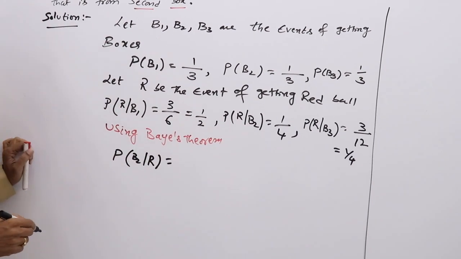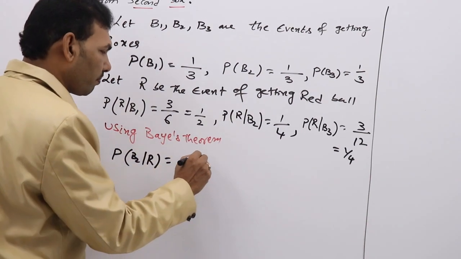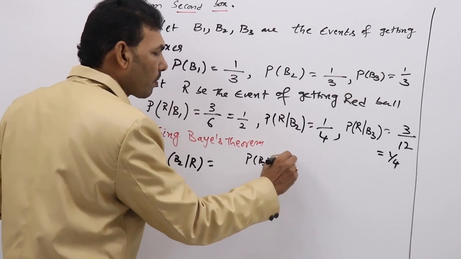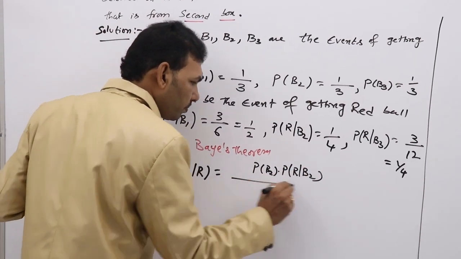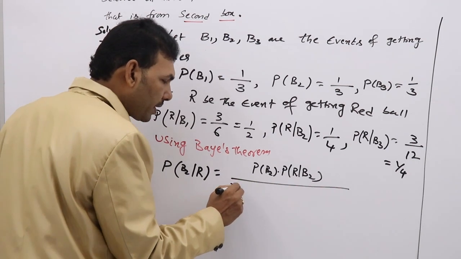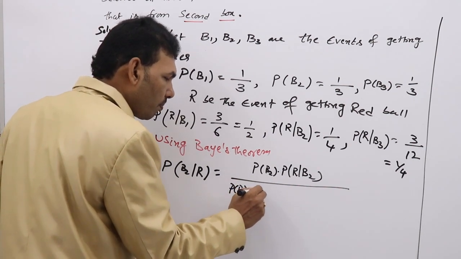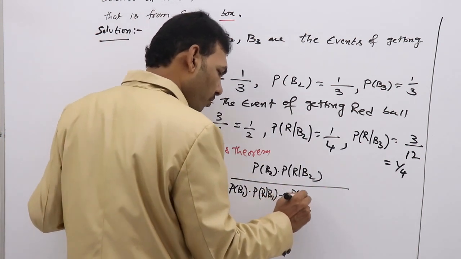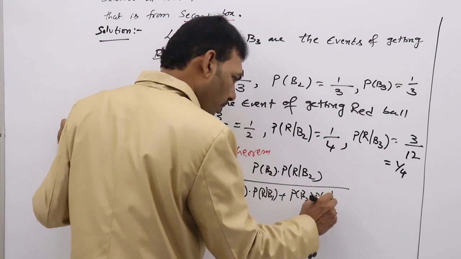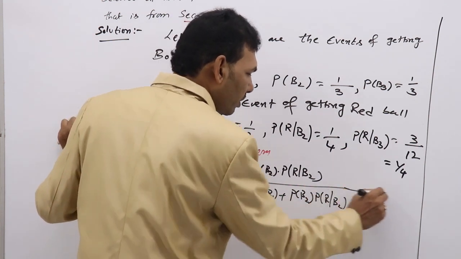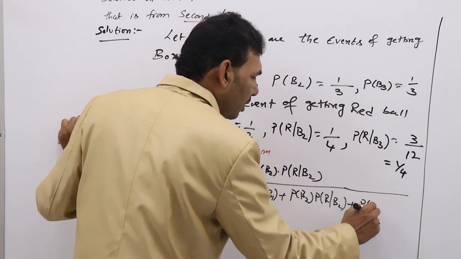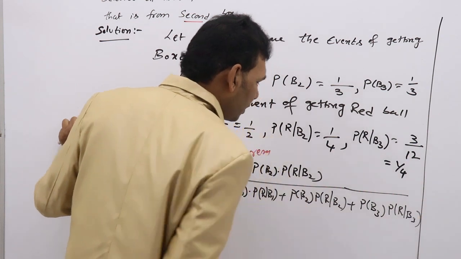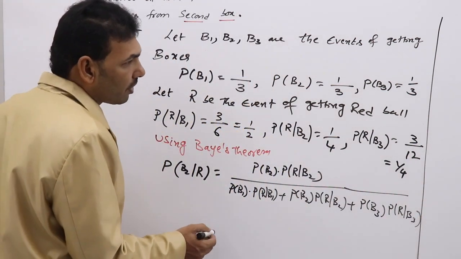What is the probability of B2 given R? Using Bayes theorem: probability of B2 into probability of R given B2, divided by probability of B1 into probability of R given B1, plus probability of B2 into probability of R given B2, plus probability of B3 into probability of R given B3. Next we substitute all the values.